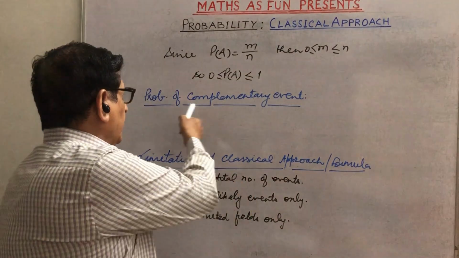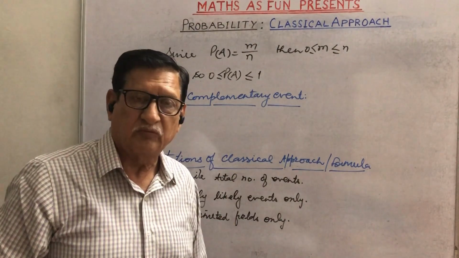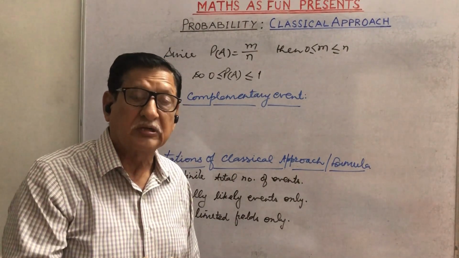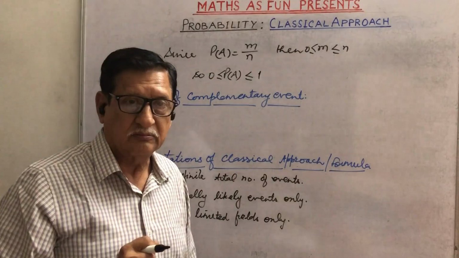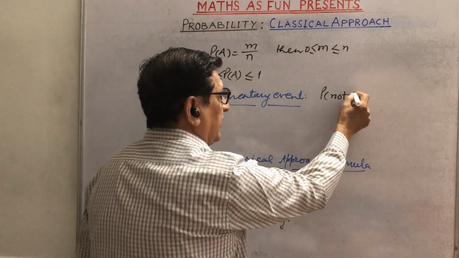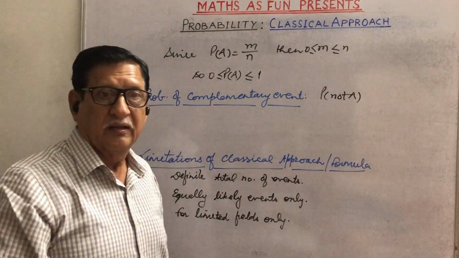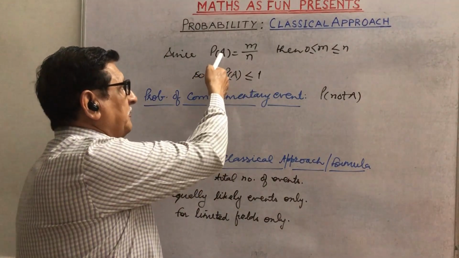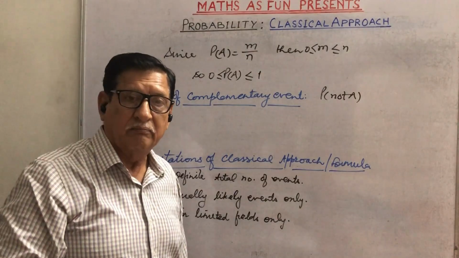Now, what is the probability of a complementary event? We know a complementary event is when A does not happen, so that is also known as the probability of not A. Now, the favorable events to A are m.